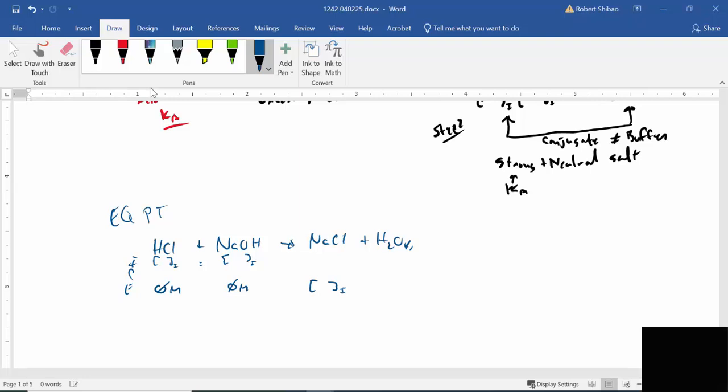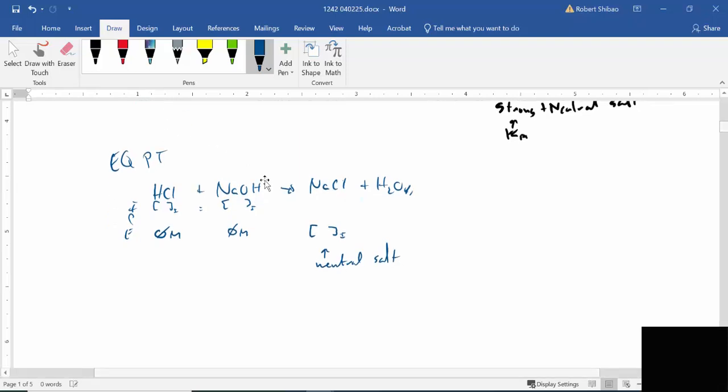I'm not going to fill out the whole table, I'll just fill out these parts here. What we have is just a neutral salt and water. If it's a neutral salt, then all there is is Kw.